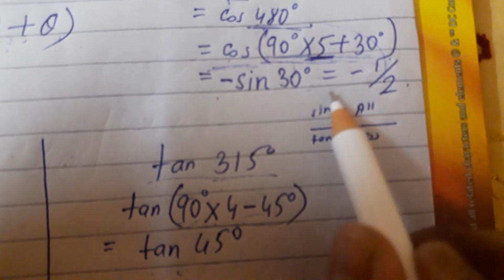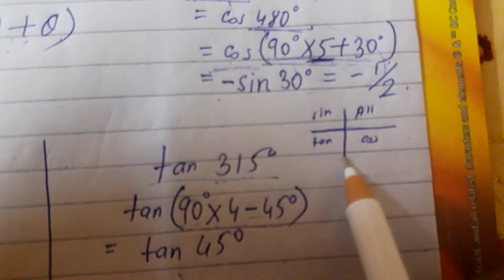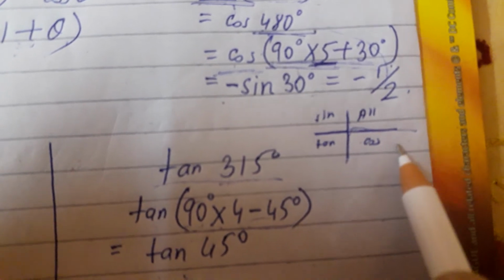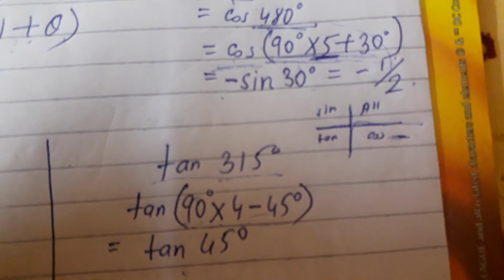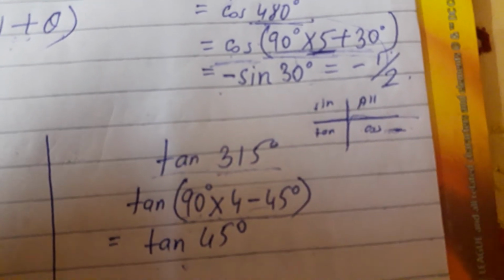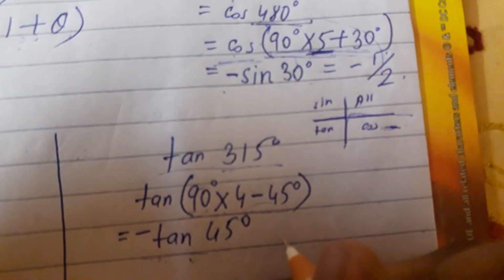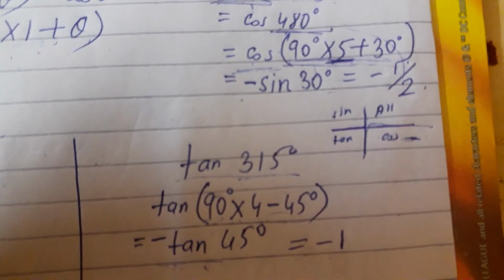This angle falls in the fourth quadrant, and we all know that the fourth quadrant only contains the cos function, but here the mother function is tan, so the sign will be negative, so the answer will be minus 1. This is how to solve this.